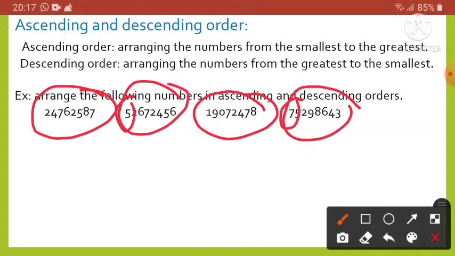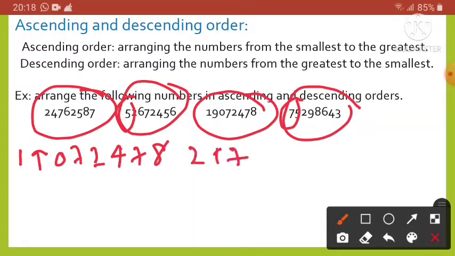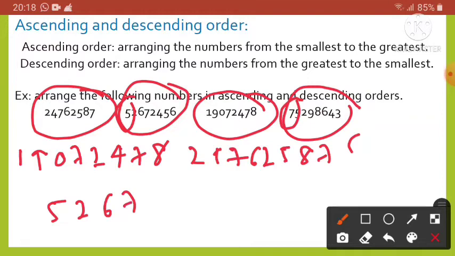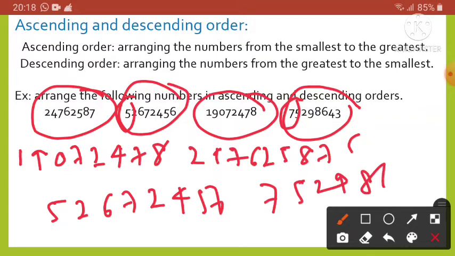Okay, got it? So if we arrange these numbers, the numbers will be 190724778, then the numbers will be 2476257, then the next number will be 5, so write here 526724556, and the next number, that is the largest number, will be 75298643.